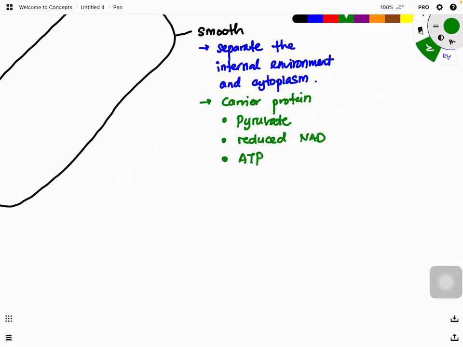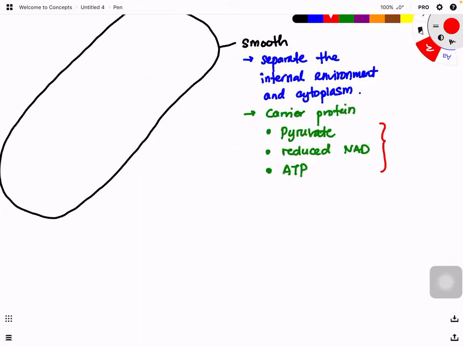So we must have a carrier protein to bring the ATP out of the mitochondria. At this moment, don't worry about pyruvate and reduced NAD. When we finish our aerobic respiration, we come back, then you will understand already. No need to memorize at this moment, but since we are talking about mitochondria, might as well tell you guys this. Okay, clear?